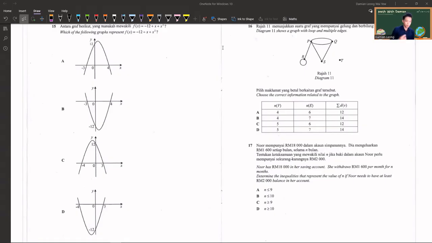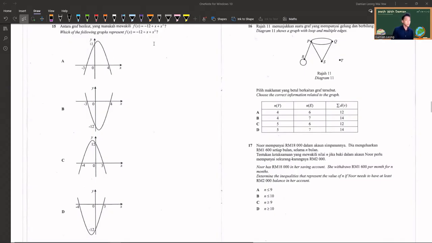So kami kena lihat ciri-ciri dalam fungsi kuadratik di dalam graf yang diberi. So in the graph we have x and y intercept, persilangan paksi, persimpangan paksi x dengan y.